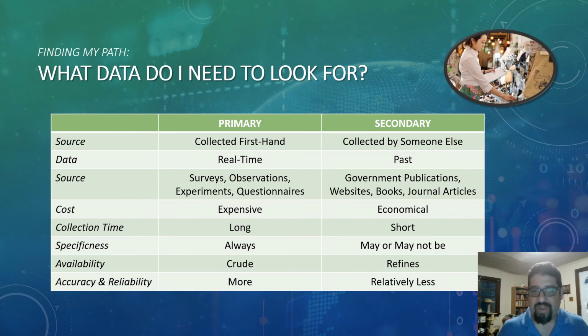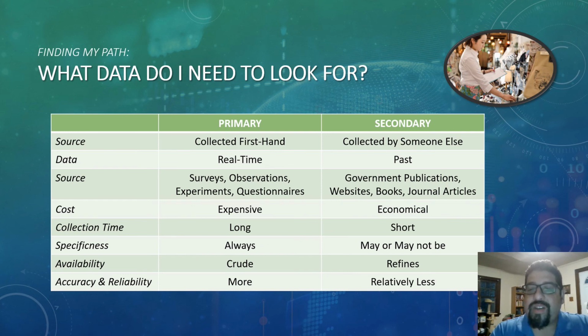So the other thing we need to look at: our primary sources are often expensive and not economical, whereas secondary sources might be a little bit cheaper to obtain, especially when dealing with a website. You just have to find that.